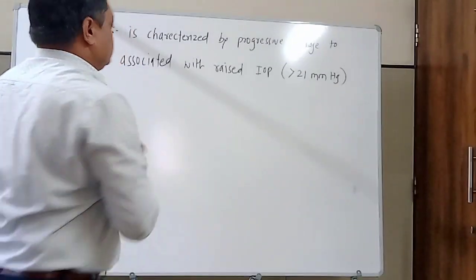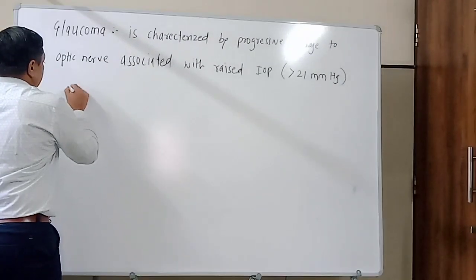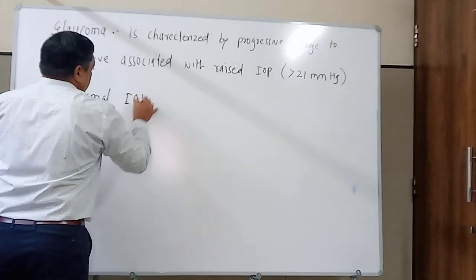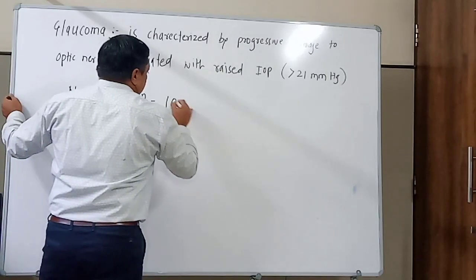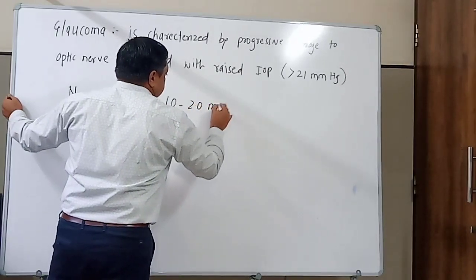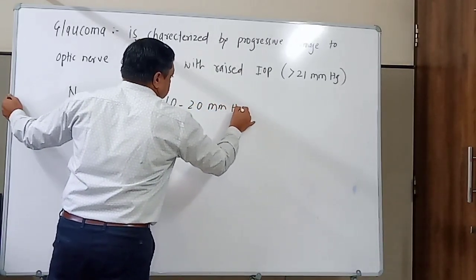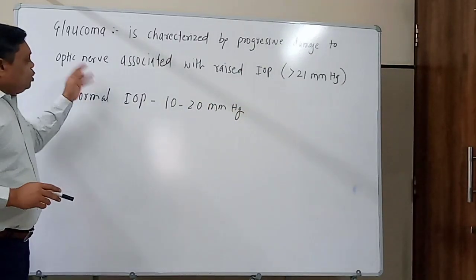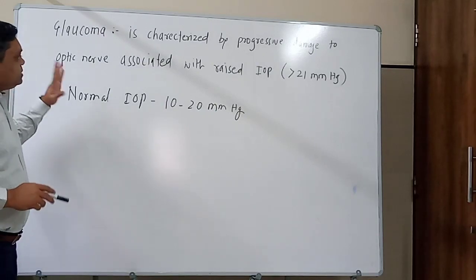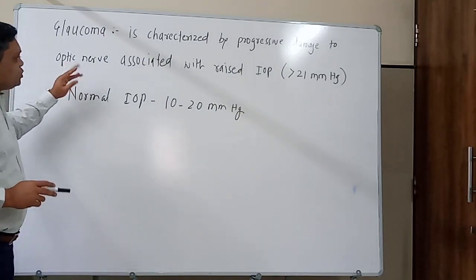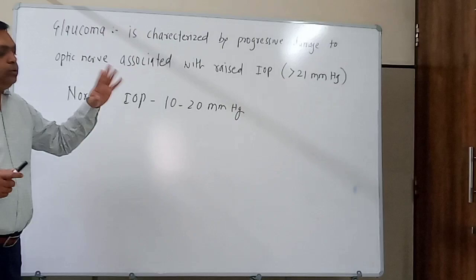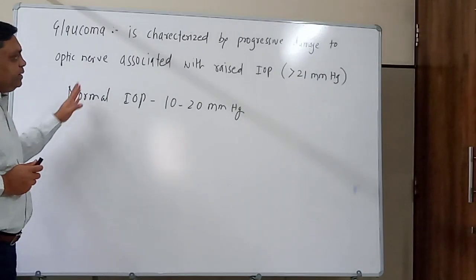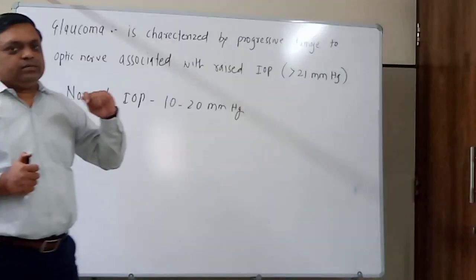Normal intraocular pressure is 10 to 20 mm of Hg. Glaucoma is due to increased aqueous humor secretion or due to decreased aqueous humor outflow. It is an imbalance between secretion and drainage.